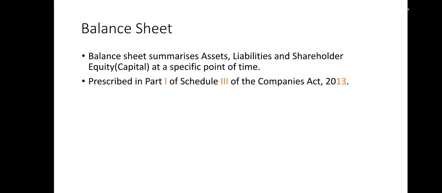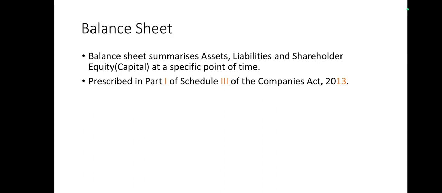The main difference between a company and other forms of business organization is that in a company every accounting practice is done on the basis of some act or rule. In the same way, the balance sheet of a company is prepared on the basis of the Companies Act 2013.